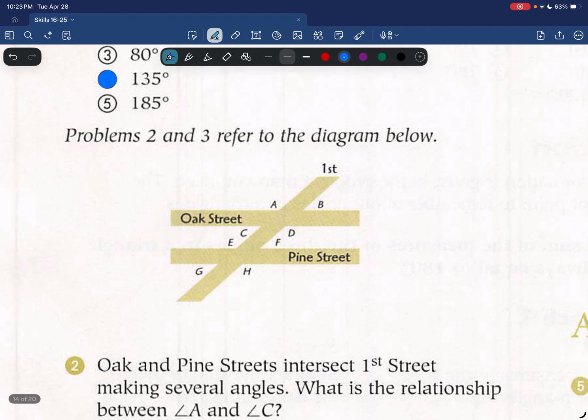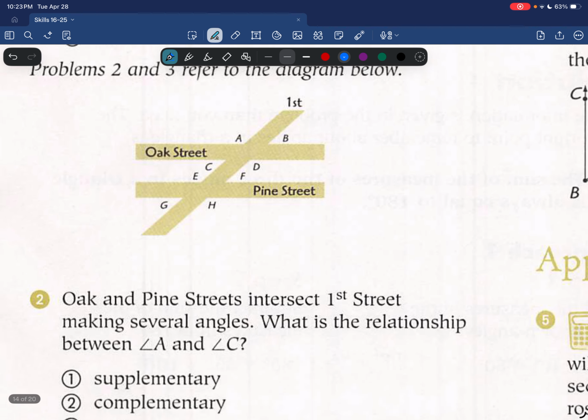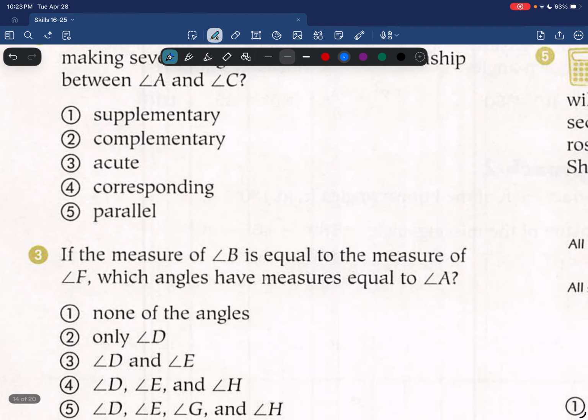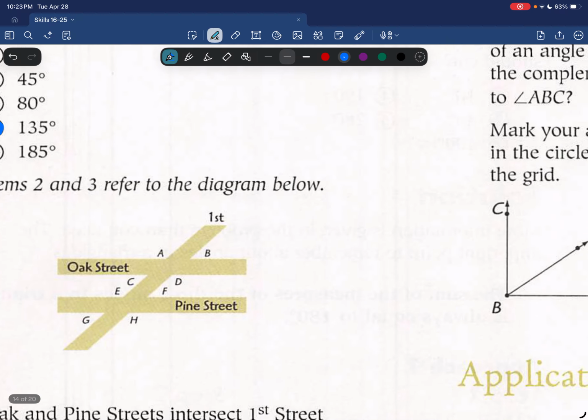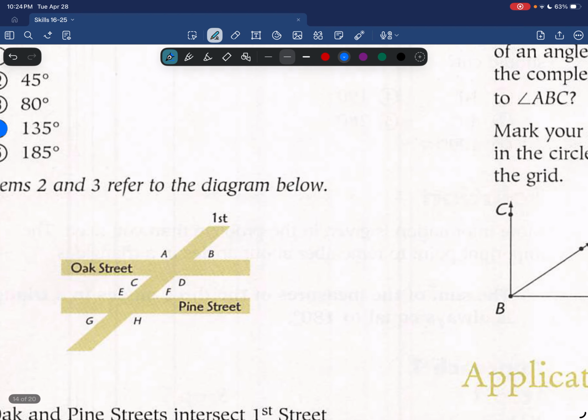Problems 2 and 3 refer to the diagram below. Oh boy. Okay, I'm going to do something, just a second. Yes, I want to go ahead and show you something that's very useful right here.